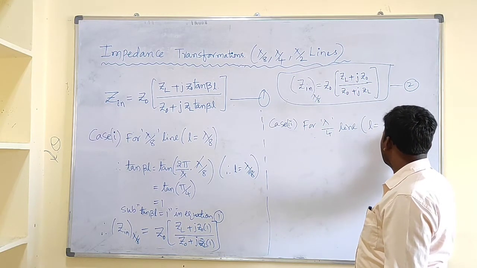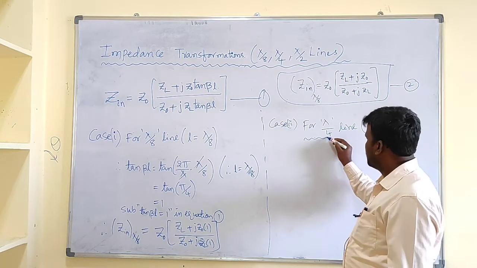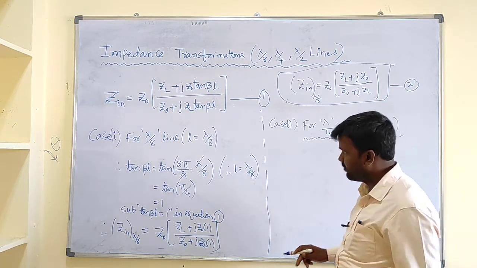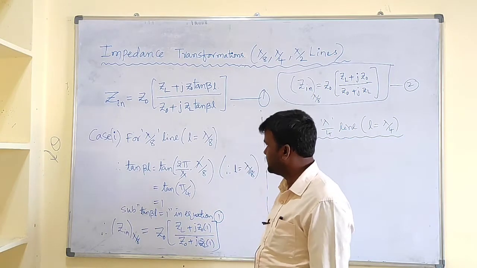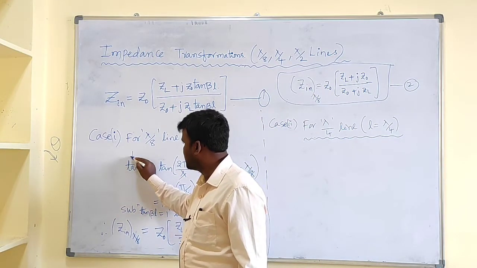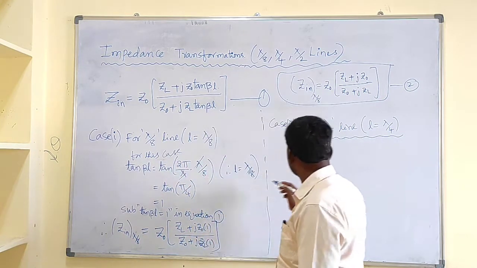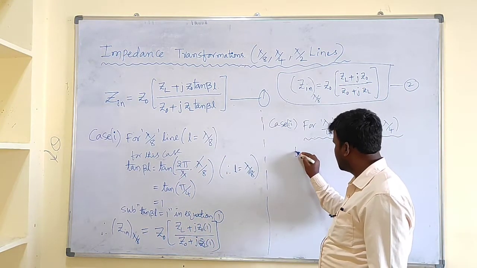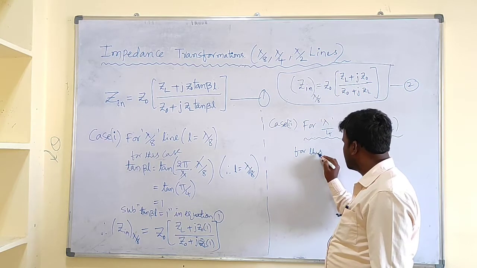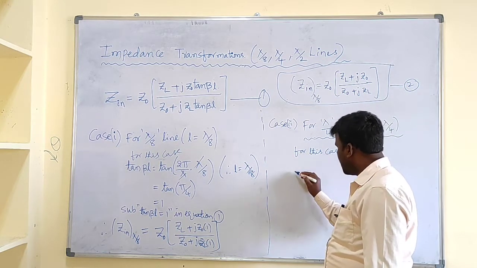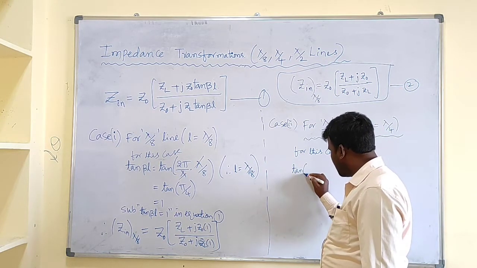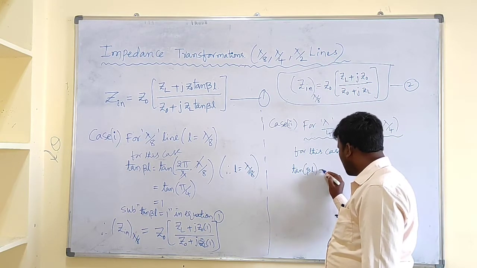L equal to lambda by 4. Okay, now find tan beta L. For this case, tan beta L equal to what?